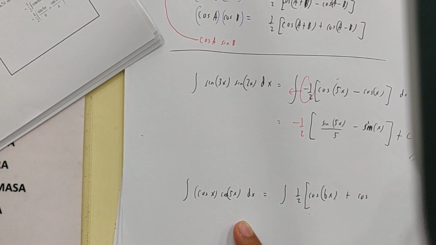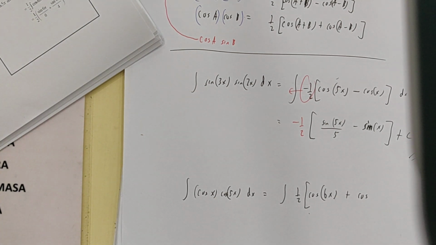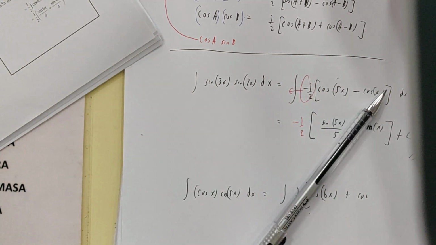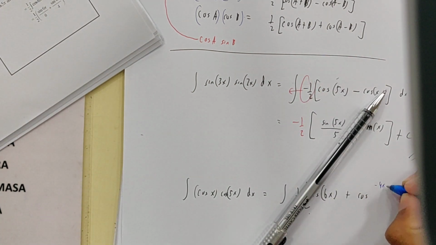plus cos, we agree over here is negative 4x, right? Do you remember cos negative 4x is also equals to what?